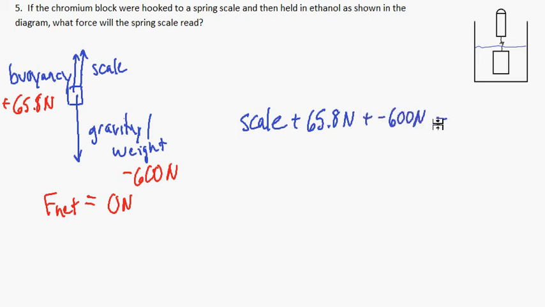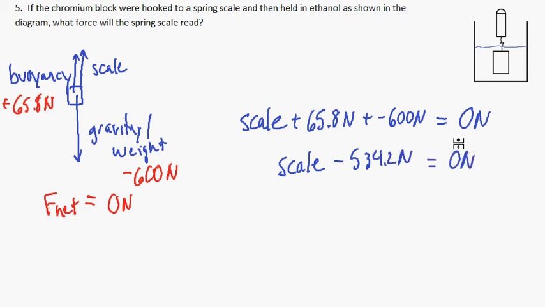A little bit of combination here to figure out what's going on. And so we'll end up with scale minus something, and it'll be about 534.2 newtons. It'll still be equal to 0 newtons at this point. And then we'll have to use our properties of algebra to solve, putting the 534.2 newtons on the other side to isolate the scale force that we are trying to find.